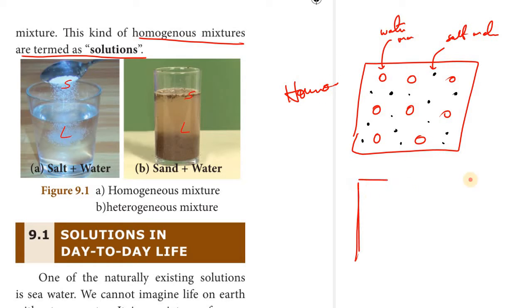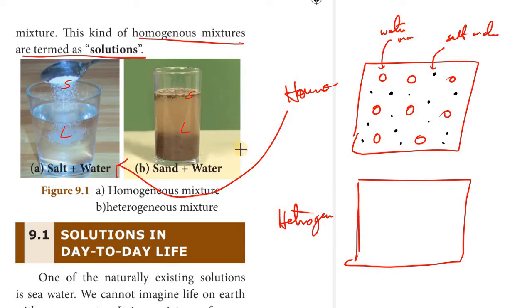Now in the case of a heterogeneous mixture like this, so this is effectively your salt water and this one is your heterogeneous mixture. What you will see is something different. Say for example, all the sand is at the bottom, whereas the water over here is mainly at the top, with some of the sand.